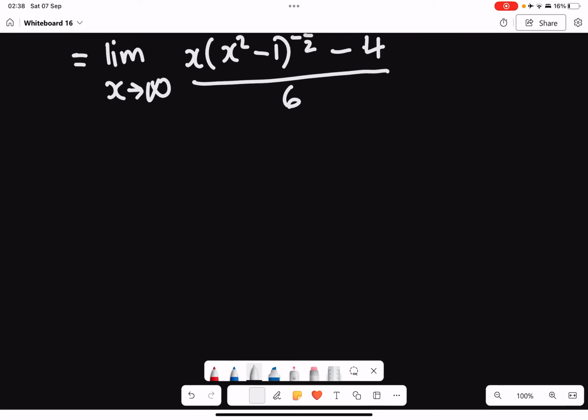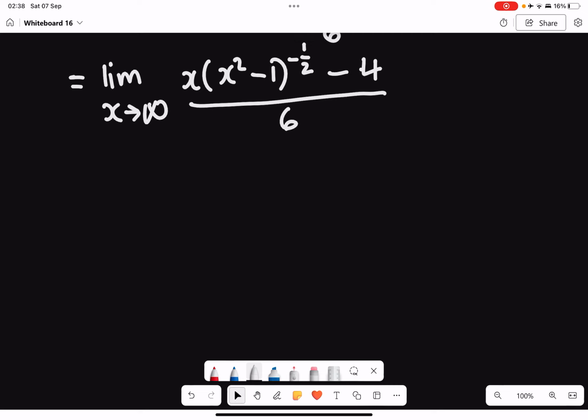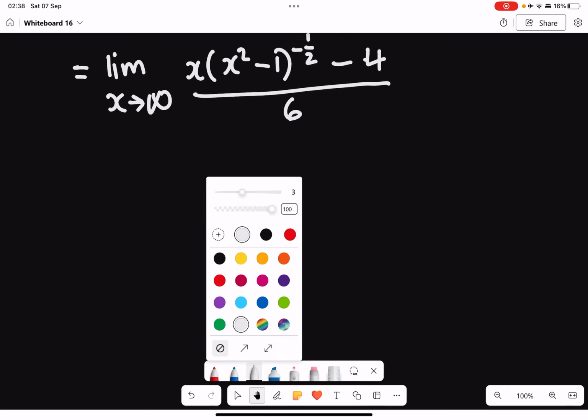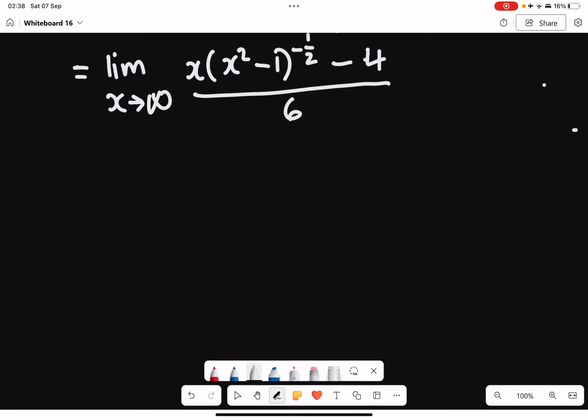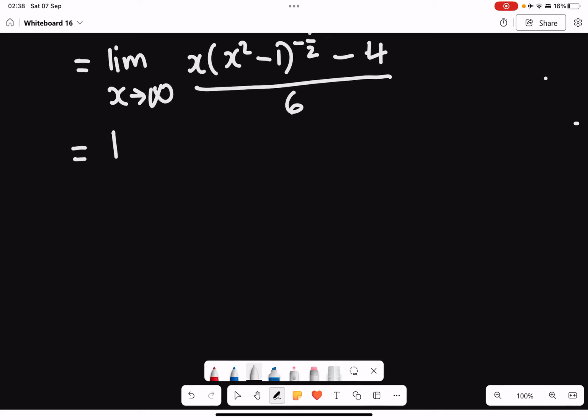So I have the limit as x approaches infinity.